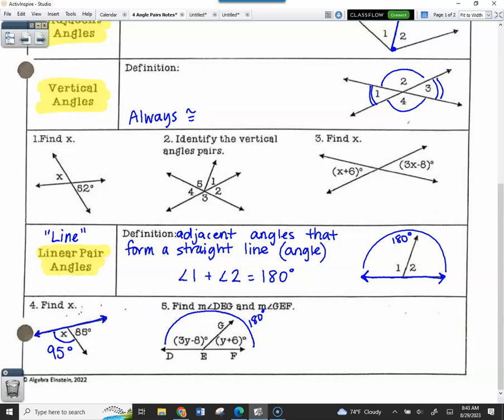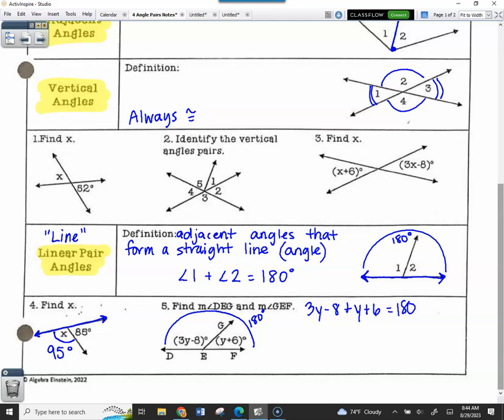So everyone write the equation that you would set up here. So it'd be angle plus angle equals 180. 3y minus 8 plus y plus 6 equals 180. And then you should solve that.